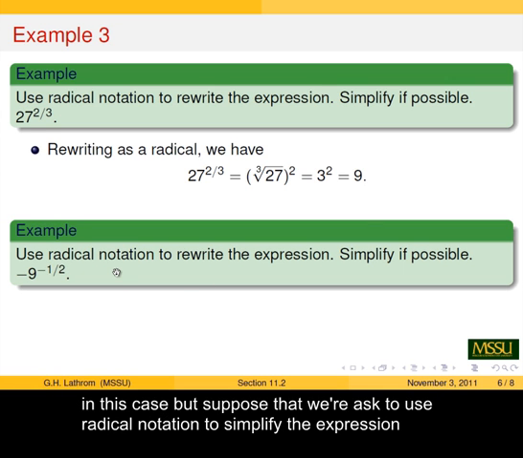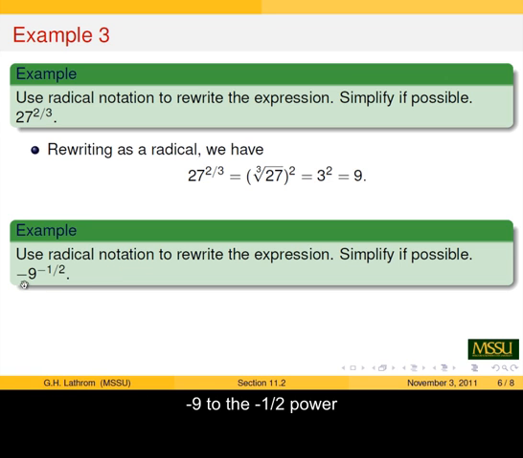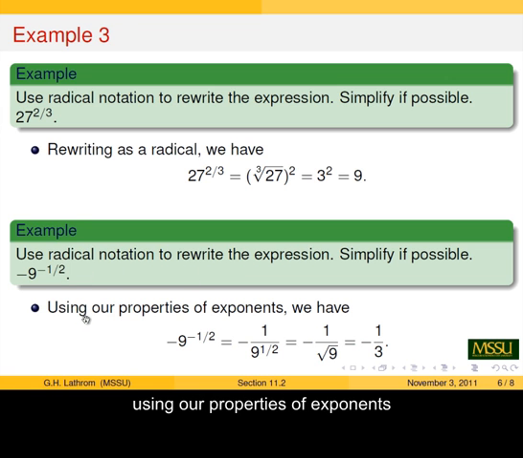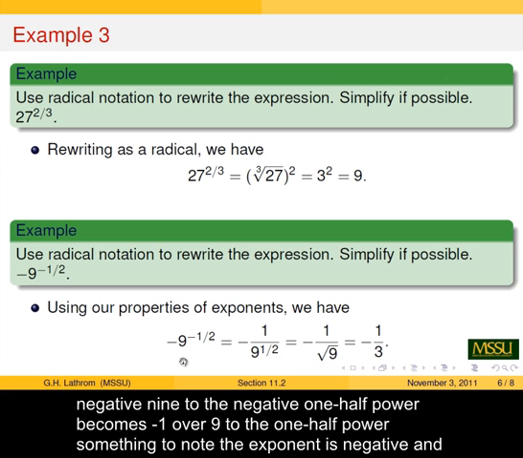In this case, let's suppose that we are asked to use radical notation to simplify the expression -9 to the -1/2 power. Using our properties of exponents, -9 to the -1/2 power becomes -1/9 to the 1/2 power.